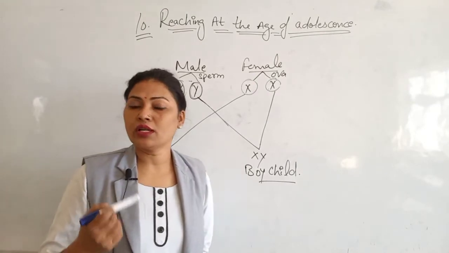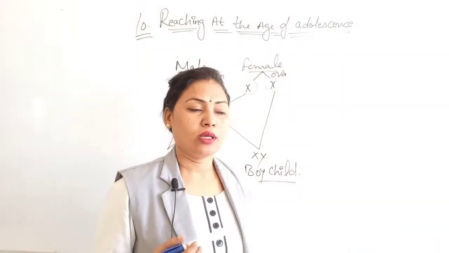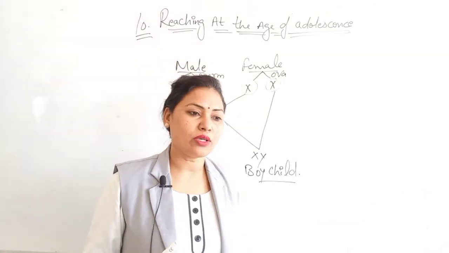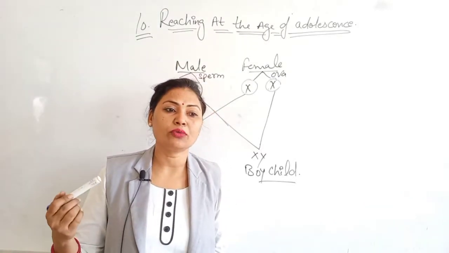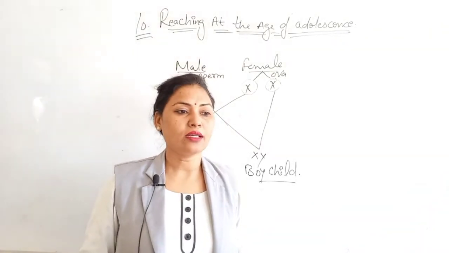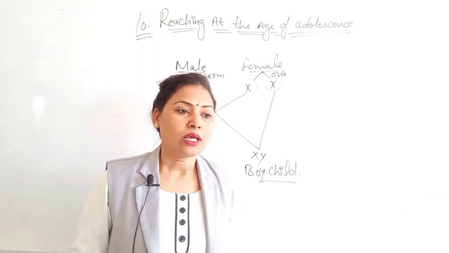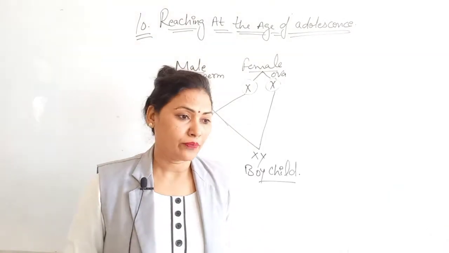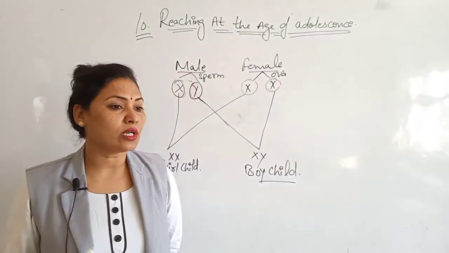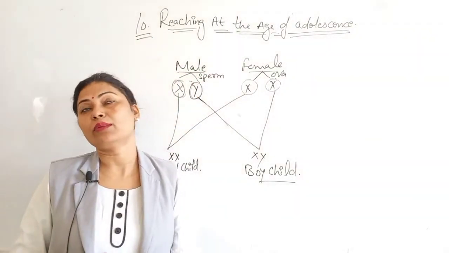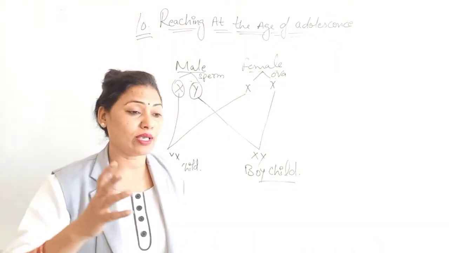Now nutritional requirement. In the previous chapter you have learnt what nutrients are and what the roles of the nutrients are in the growth and development of our body. Okay, so nutritional requirement, as you know, you have also learned about the balanced diet in the previous classes.